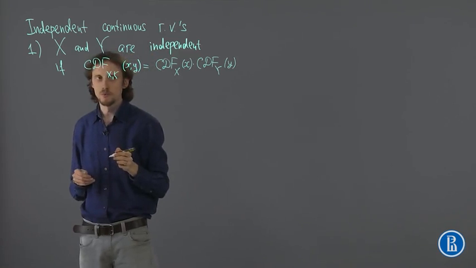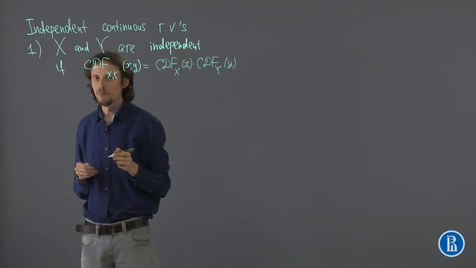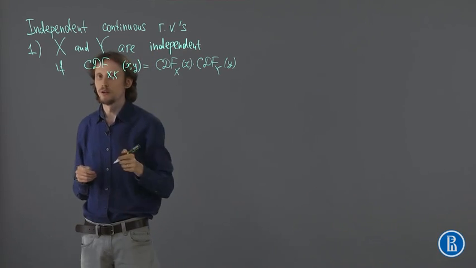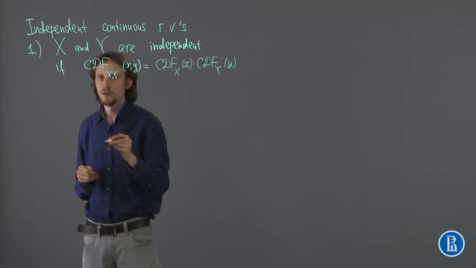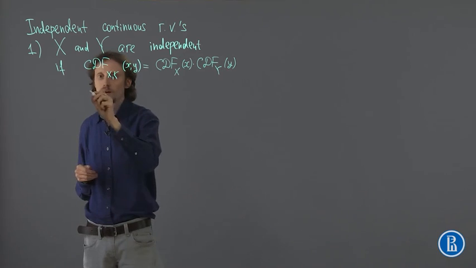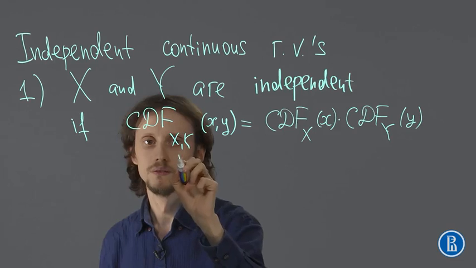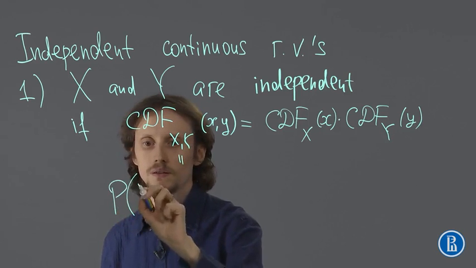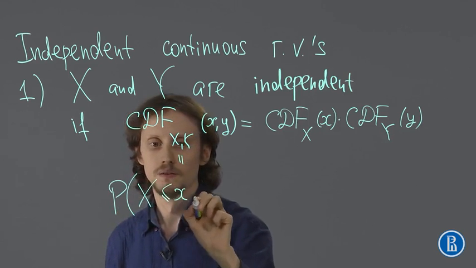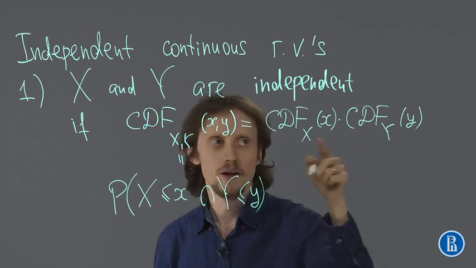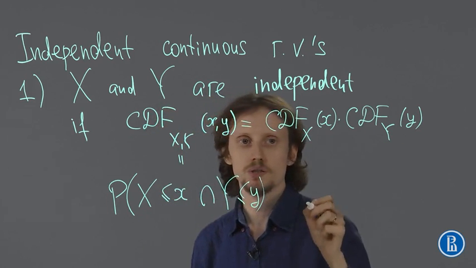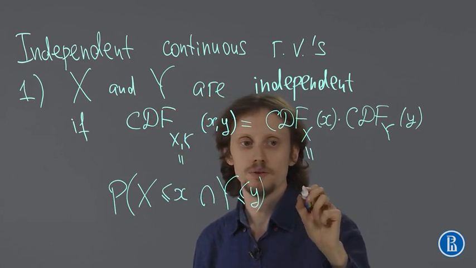This is in agreement with the idea of independence of the events that involves the corresponding random variables. For example, let us recall that cumulative distribution function is defined as a probability of the following event. And these two cumulative distribution functions are probabilities of the following events.